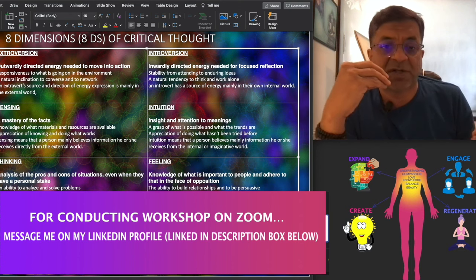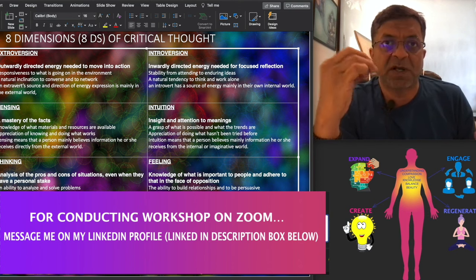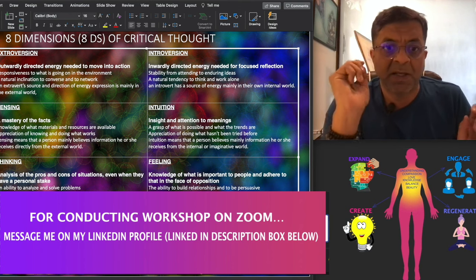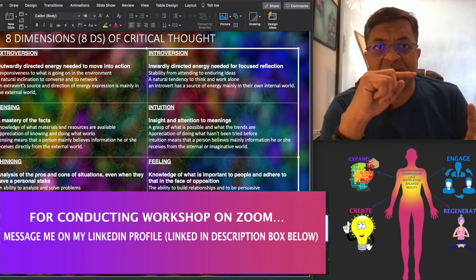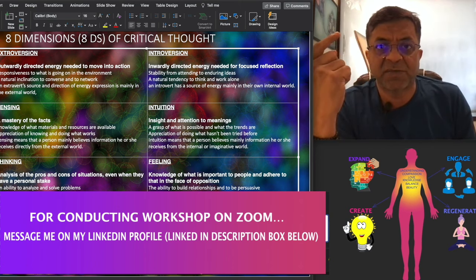Intuition, the next dimension of thought. Intuition is insight and attention to meaning. This is where intuition comes as an idea or as a thought, and we translate it to some meaning, a grasp of what is possible and what trends are. Appreciation of doing things that have not been tried before. This is where we transcend the limits of our thought and bring in something new.